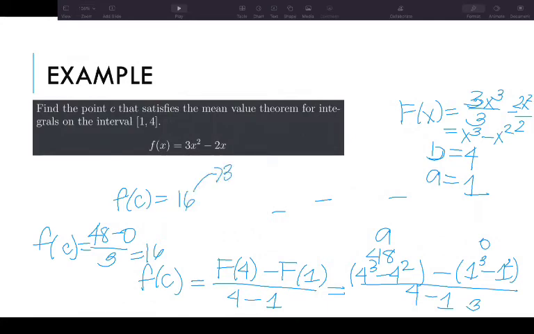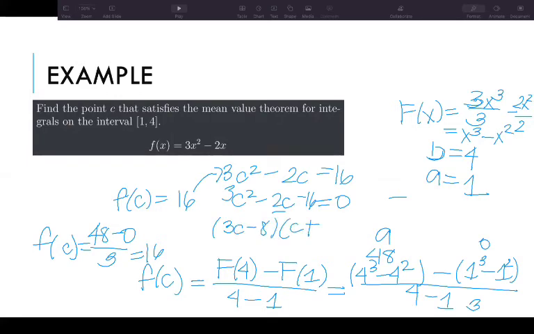This means that 3c squared minus 2c equals 16, or 3c squared minus 2c minus 16 equals 0. By factoring, we get that this is (3c minus 8) multiplied by (c plus 1) equals 0. So this means that c equals negative 1 or 8 over 3.